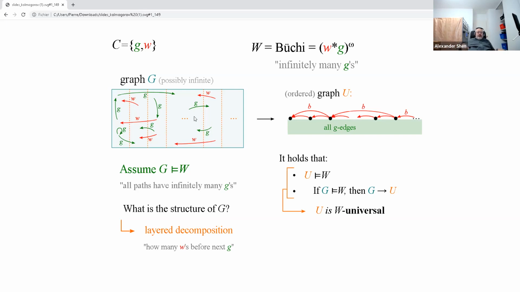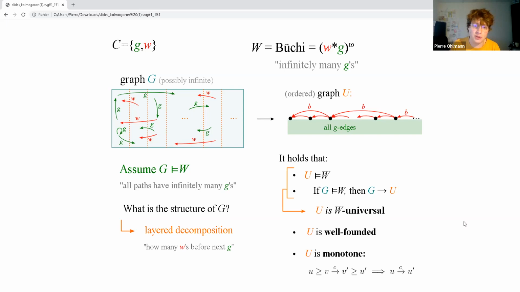We want to prove the positionality, and first, we need to see that this property has this universal graph, and second, you need to show that if the universal graph exists, then the game is positional. No, this is true in general, that if you have such a universal graph, then it's positional.